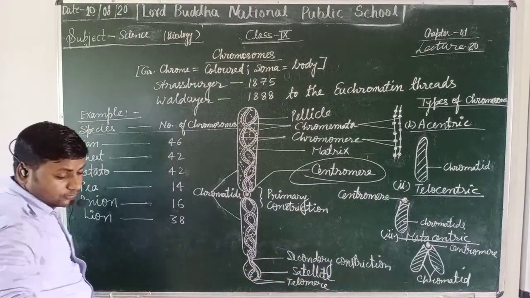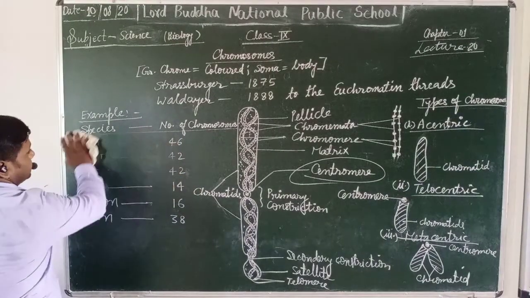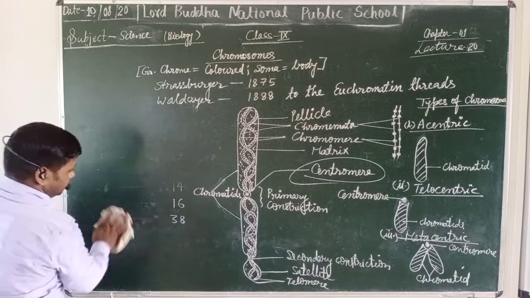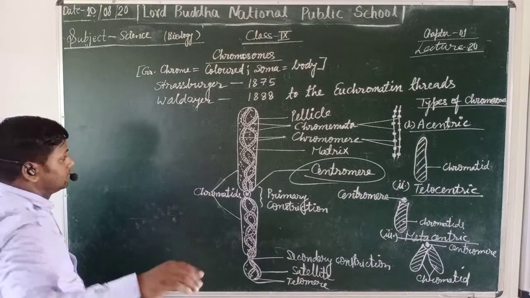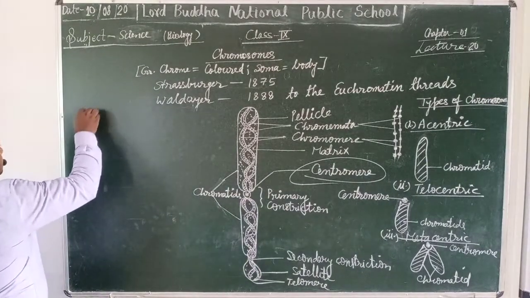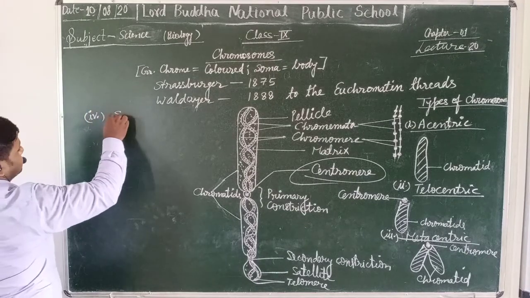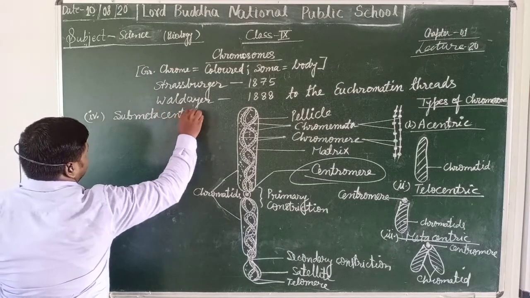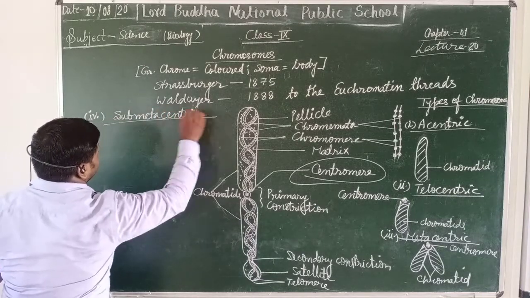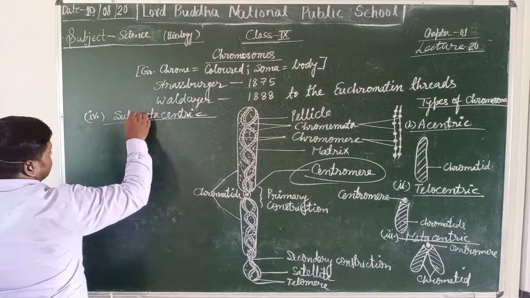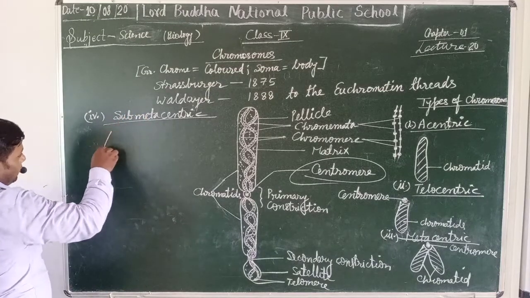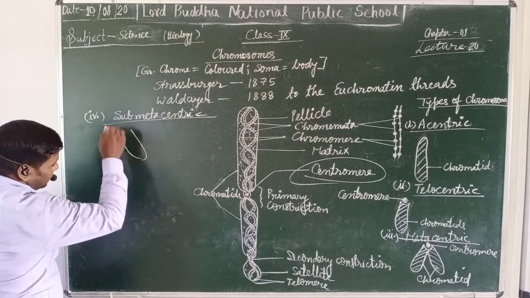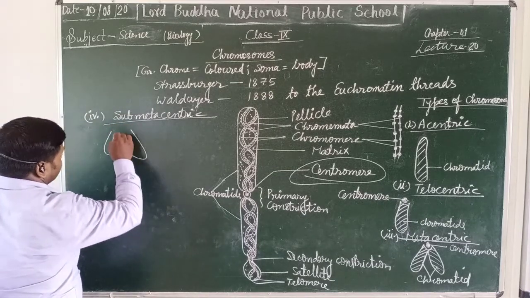Next, I take here the submetacentric type of chromosome. As the term reveals, sub means one arm of the chromatids is quite smaller compared to the other arm of the chromatids.